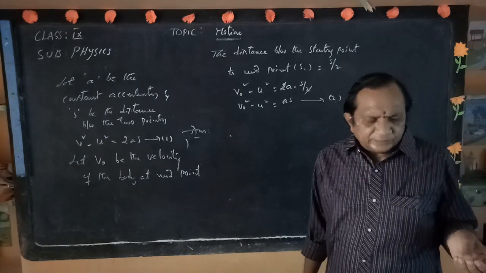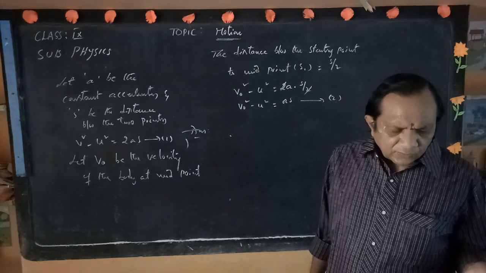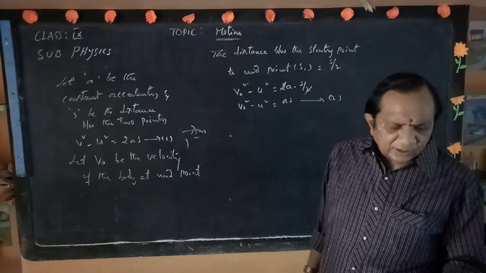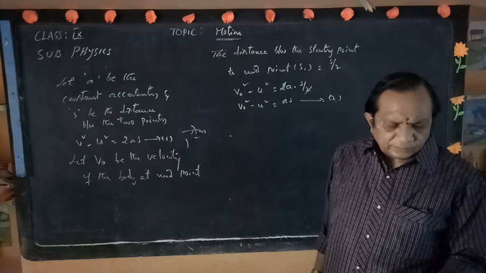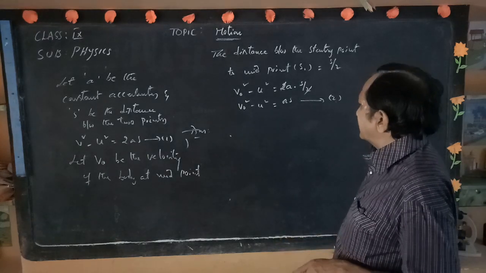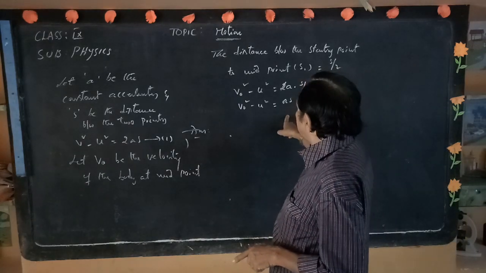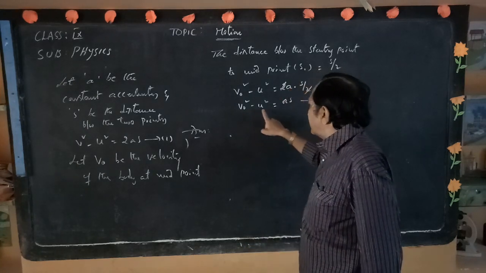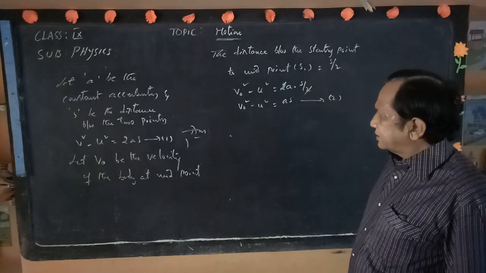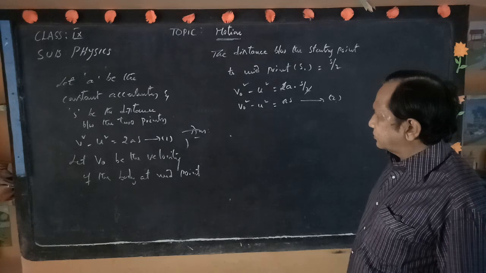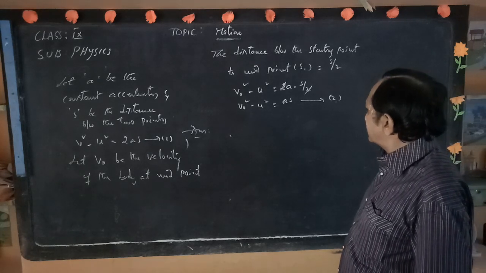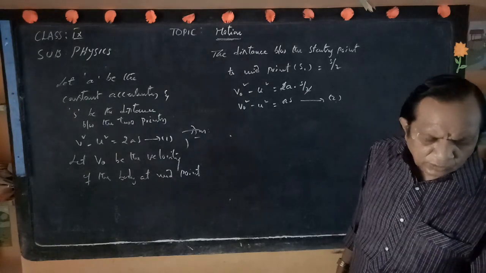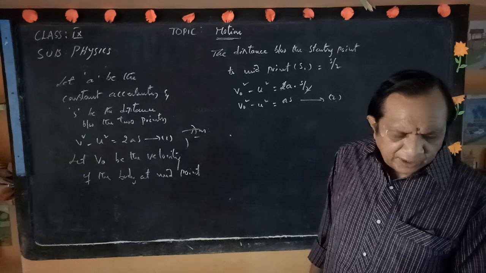We take that value to that side. So we have to get 2as in this equation. V square minus u square is equal to 2as, and v naught square minus u square is equal to as. Here we have to substitute 2as by 2.